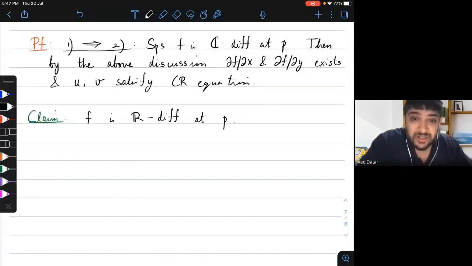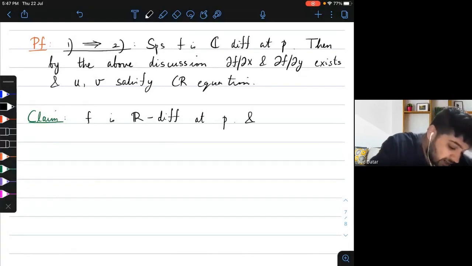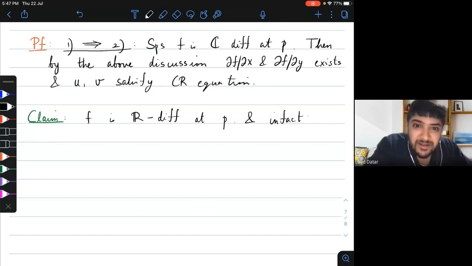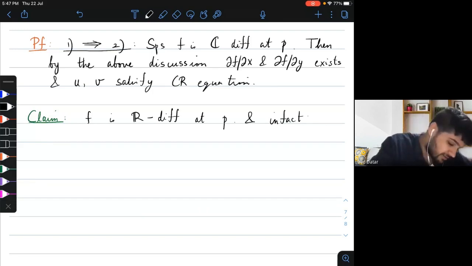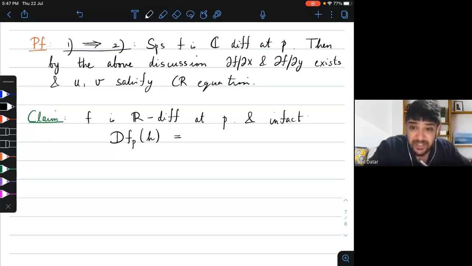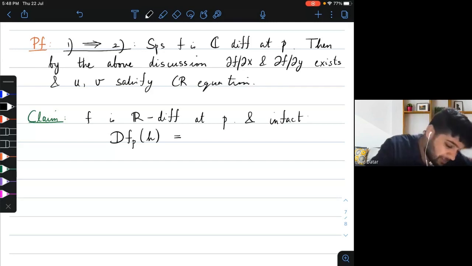Okay, and in fact, if you take the linear map, which is the derivative map, this is precisely given by f prime of p times h.